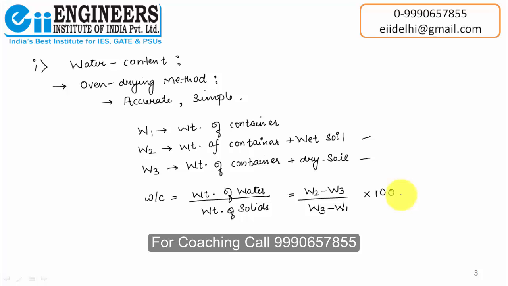Well, one thing we have to keep in mind is that the temperature should not be more than 110 degrees Celsius, because a temperature higher than 110 degrees Celsius may break the crystalline structure of the clay.